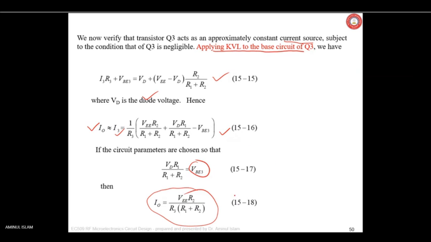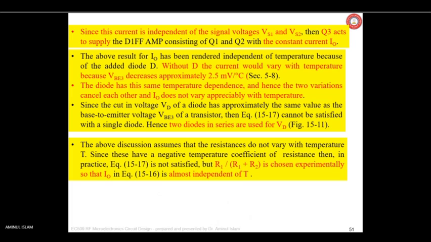So this simplified equation gives the current IO, which is the collector current of Q3, a constant current basically depending on these resistors.